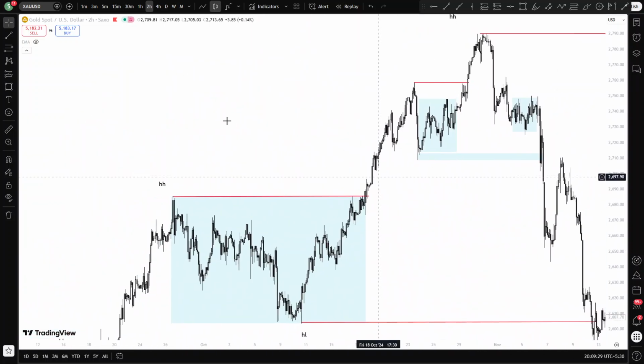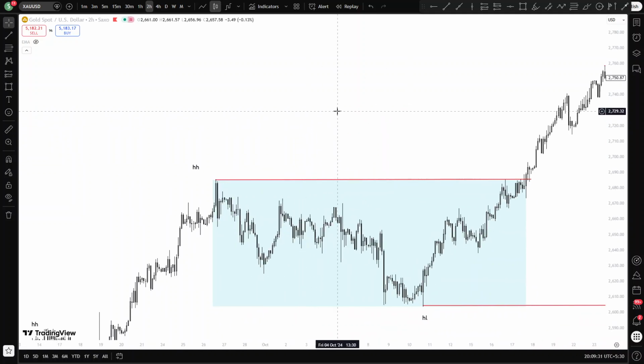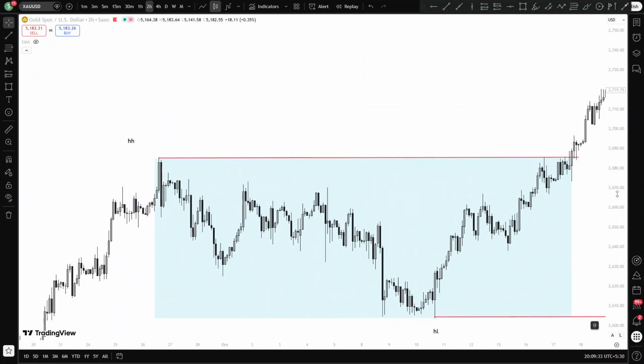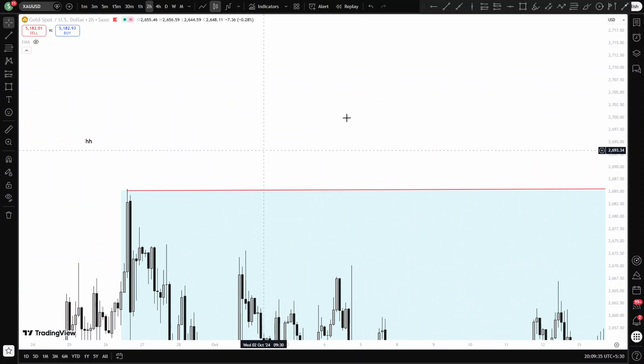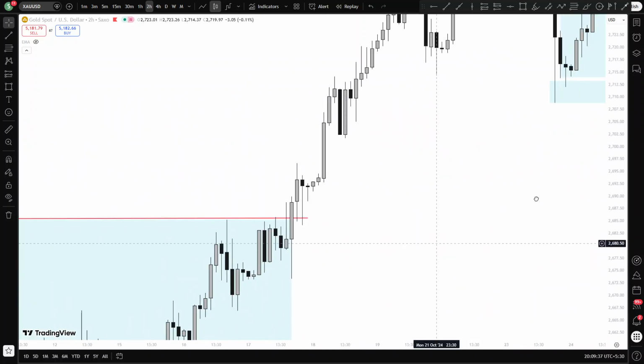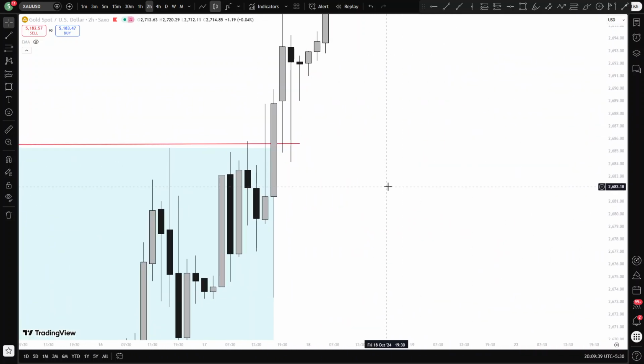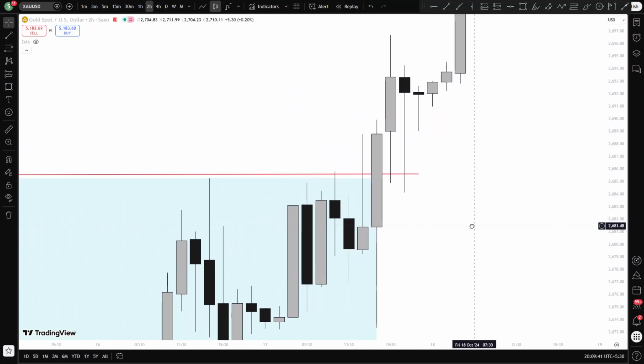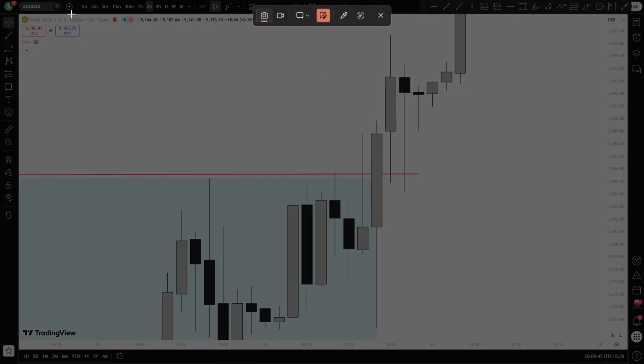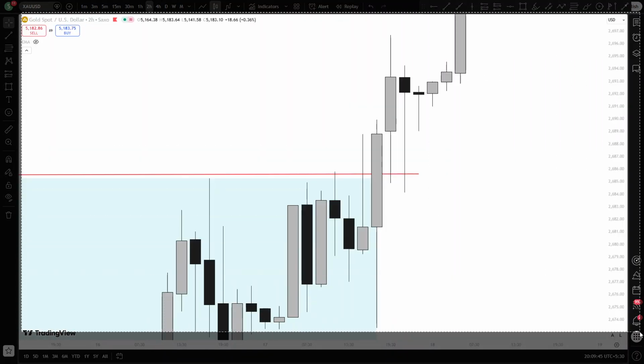The last thing I would like to talk about is the close, the breakout, how the market gives you a breakout. The market always has to give you a breakout of the candlestick. This is what we call the breakout. The market always needs to close above.